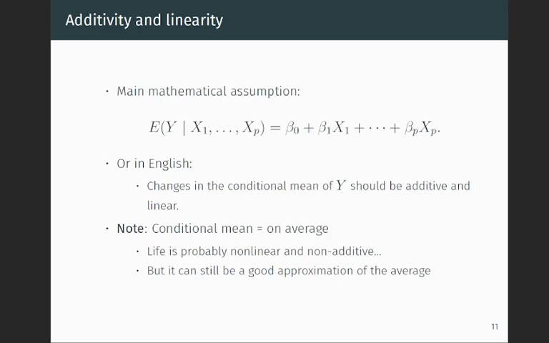Note that I'm really thinking about conditional means, so on average. It's probably the case that life is nonlinear and non-additive, but on average, linearity and additivity can still be very good approximations of that phenomenon. We're not necessarily saying that this is what happens for each observation. We're just saying that this is a good description of the average phenomenon.